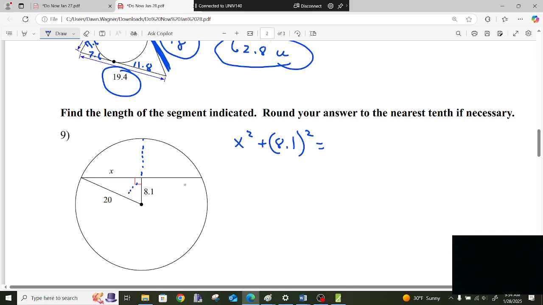Your hypotenuse is always across from the 90 and your longest side. So 20 squared. So x squared plus, what's 8.1 times 8.1? Has to equal 400. And then you just subtract these and then take the square root.